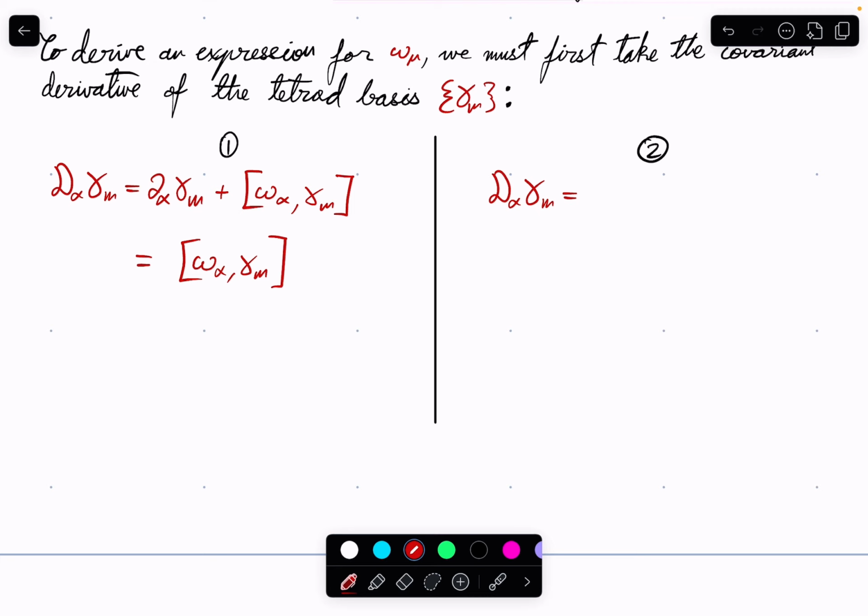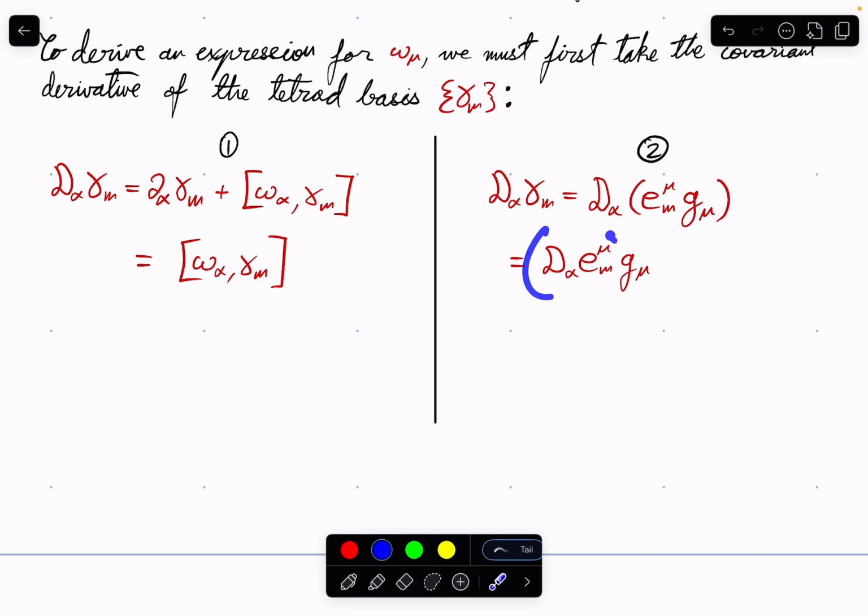And we are now going to expand the definition of gamma m. So recall that gamma m is defined as the vierbein, which is going to be e mu m, and then it's going to be g mu. And this is just going to be the covariant derivative of the vierbein times gamma m.